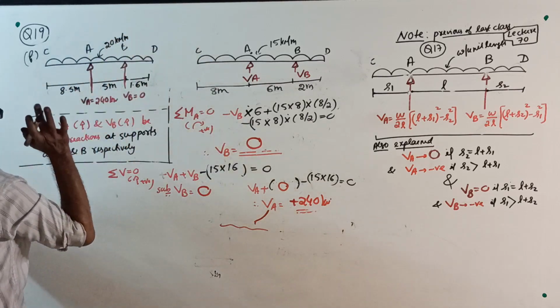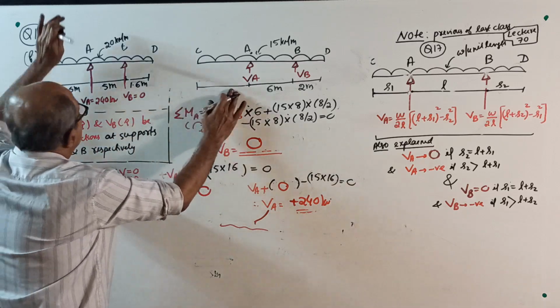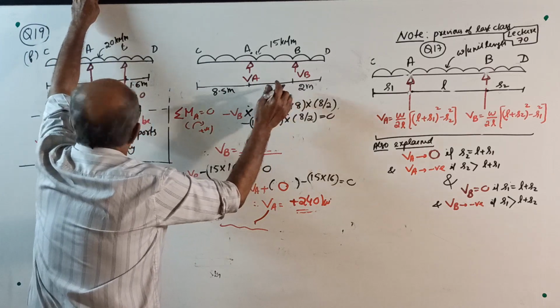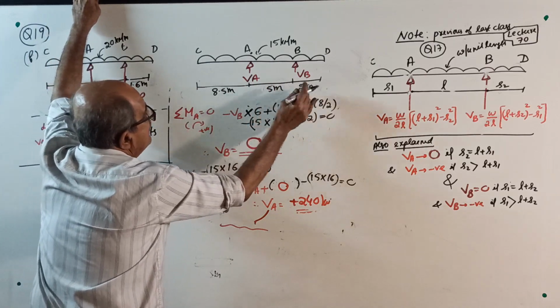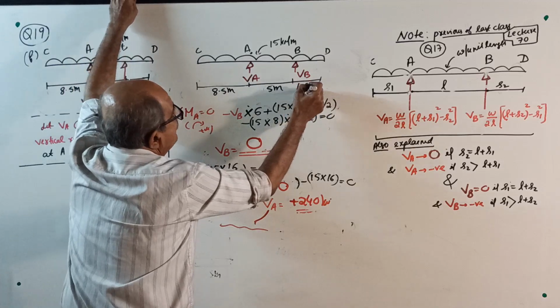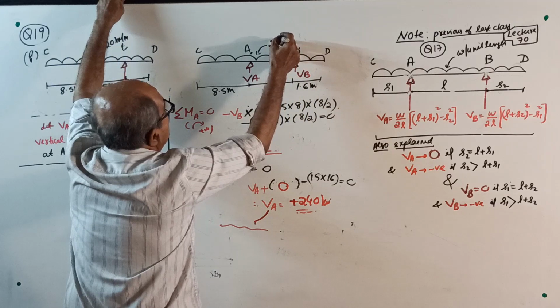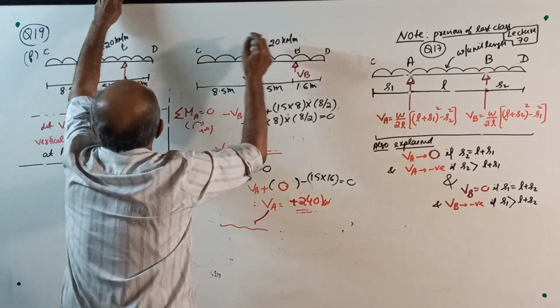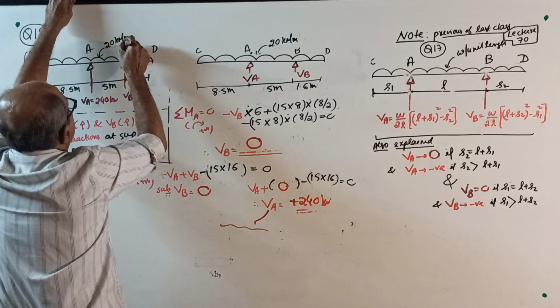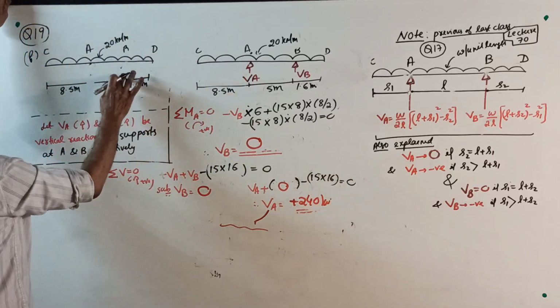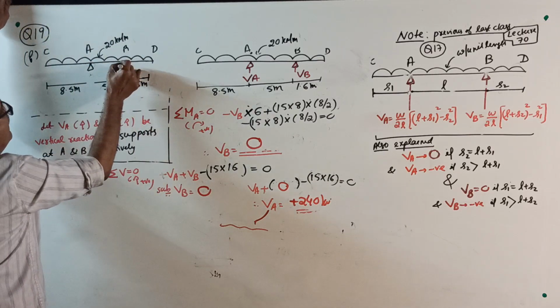Okay, somewhat reasonably scaled, right? This is 8.5 meter. This is 5 meter. This is 1.6 meter. UDL is 20 kilonewton per meter. This is B. Okay, this I'll remove. I should not give reaction there. In the question, it is just given this way.